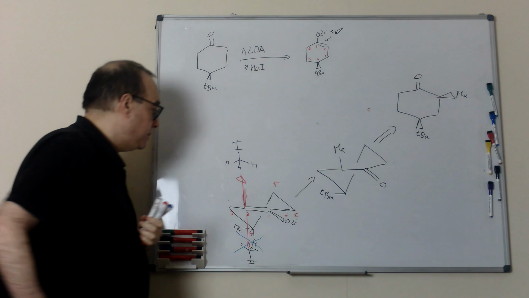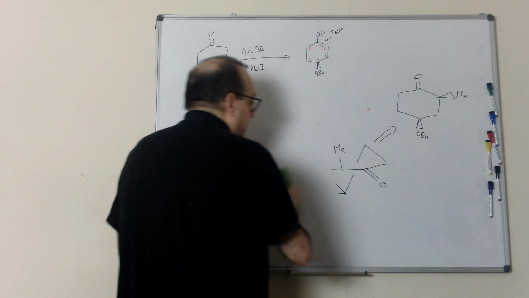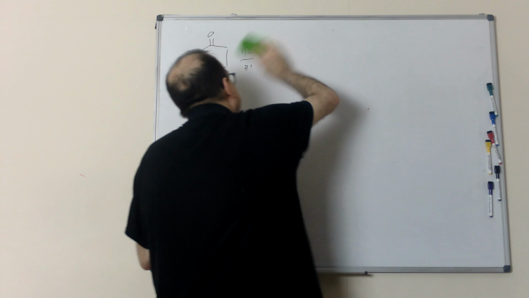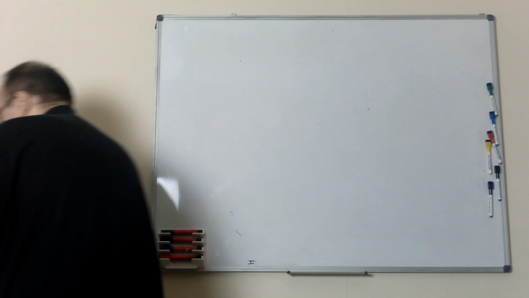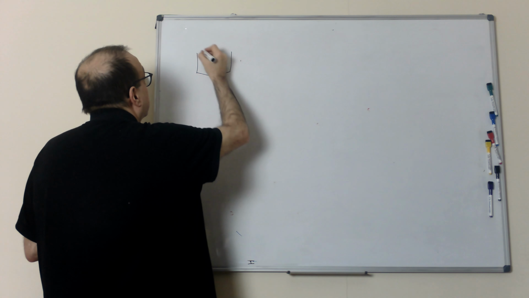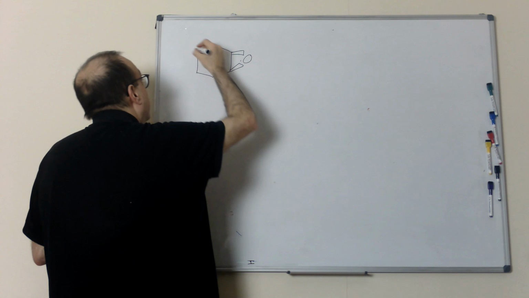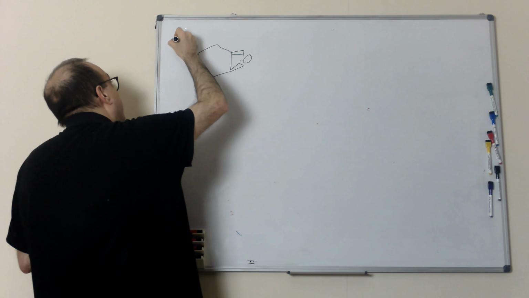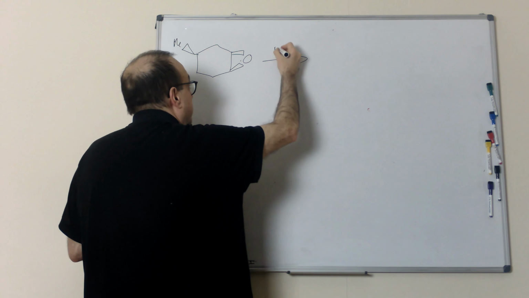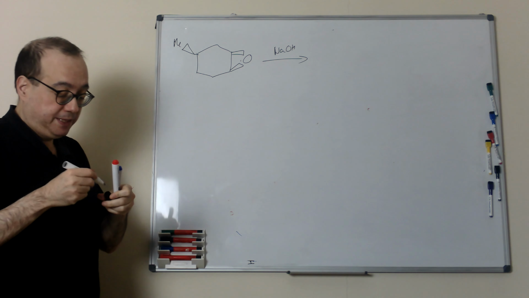Okay? Good. Then we go for the last exercise. That basically is the opening of an epoxide. Okay, in this case we have this cyclohexane epoxide, and we treat with sodium hydroxide, and then obviously the hydroxide will open the epoxide.